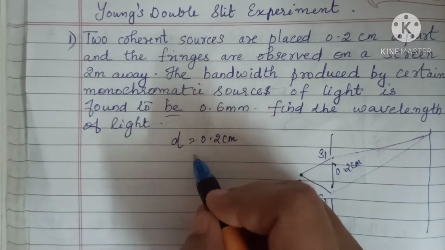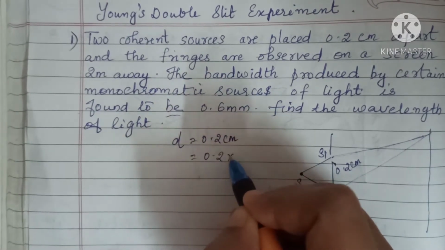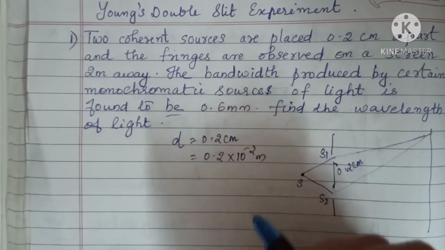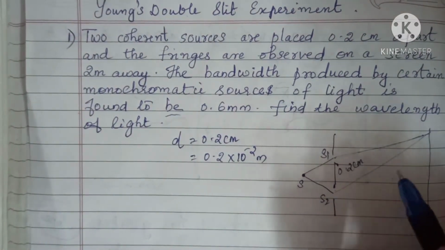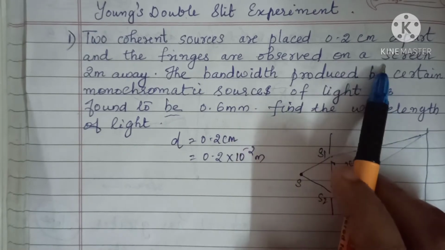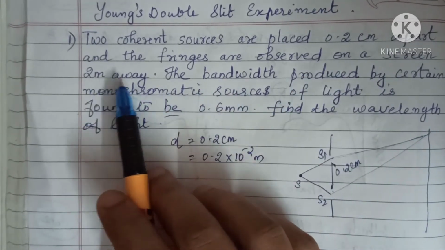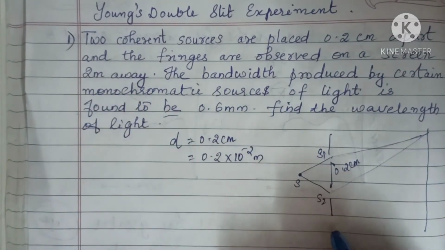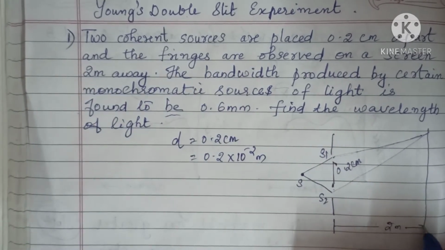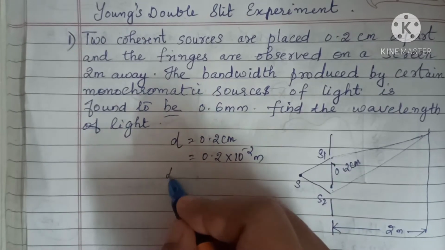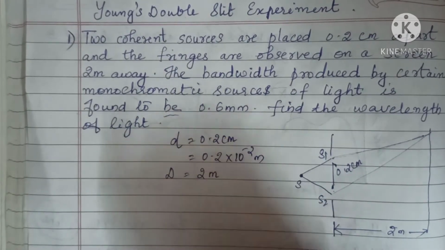That is 0.2 into 10 raised to minus 2 meters. Clear? Now, it is given that the screen is at a distance of 2 meter from the slits. So this is 2 meter, which we call capital D. Capital D equal to 2 meters.